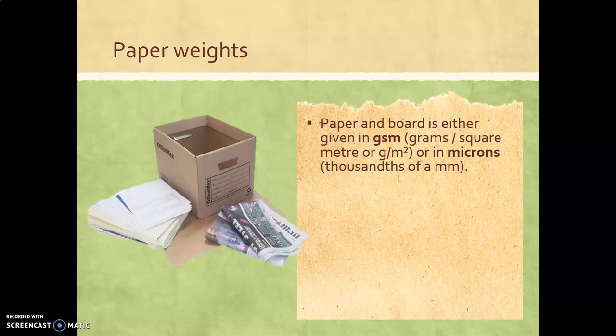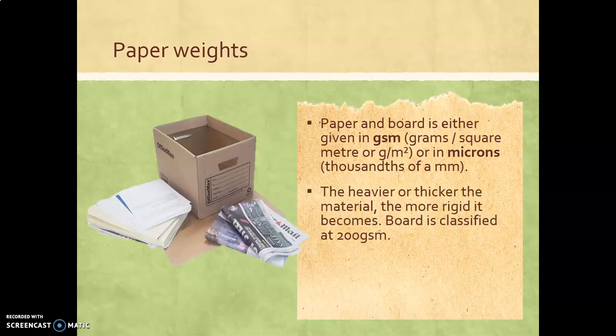So we tend to swap from one to the other because after a time you can actually see the thickness of it, the micrometer thickness, with your own eye. And actually, because if you were to grade it as GSM, you'd be in the thousands, so it just gets a bit unwieldy. So the heavier or thicker the material, the more rigid it becomes.